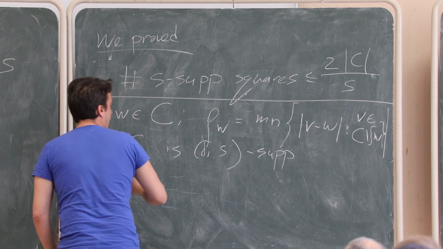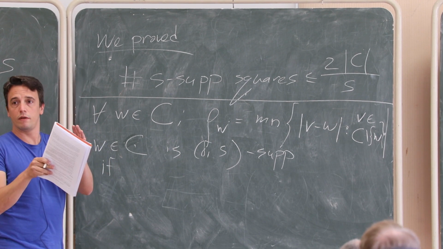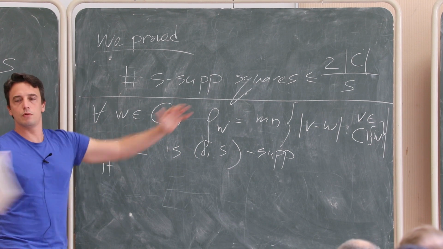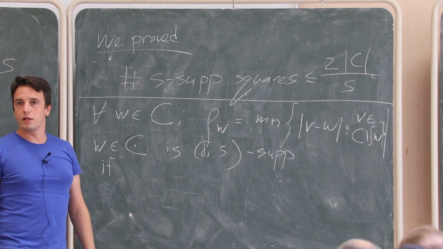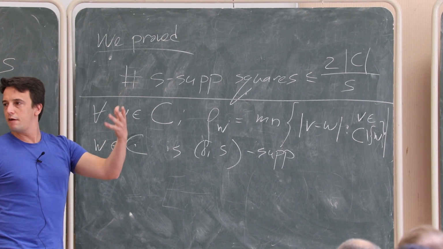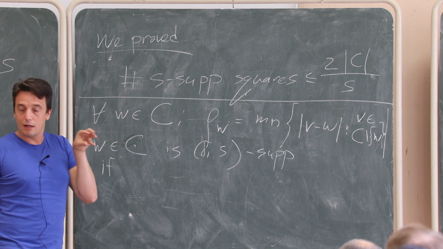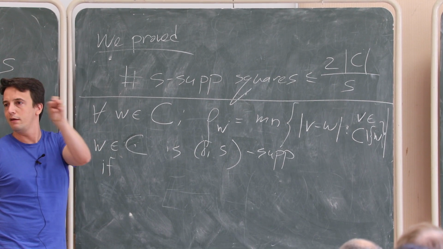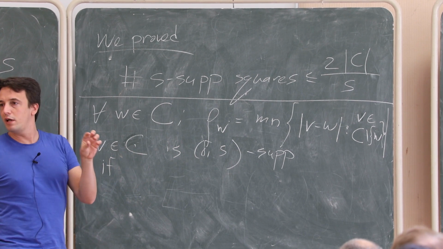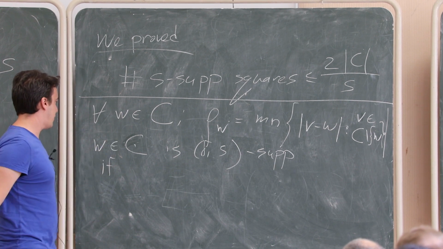If I look at a ball of radius delta to the minus 1 times its radius of isolation, so I take the radius of isolation, multiply it by delta to the minus 1, it has to have many points inside. But not only does it have many points inside, it has many points even if I remove any teeny-weeny other ball somewhere inside of radius delta times the radius of isolation, right?